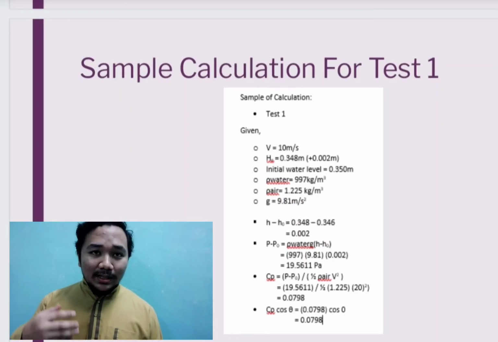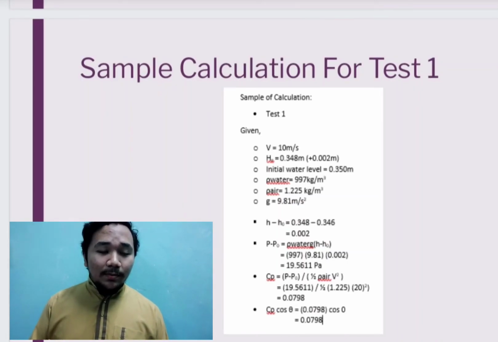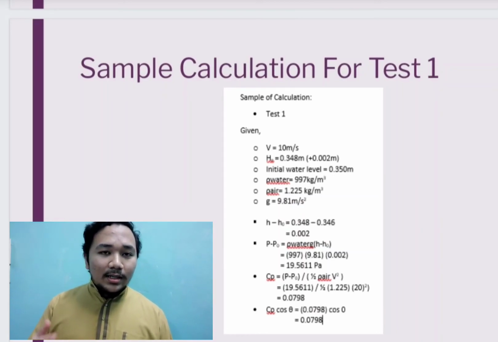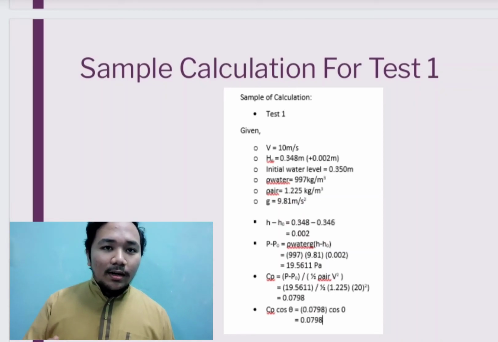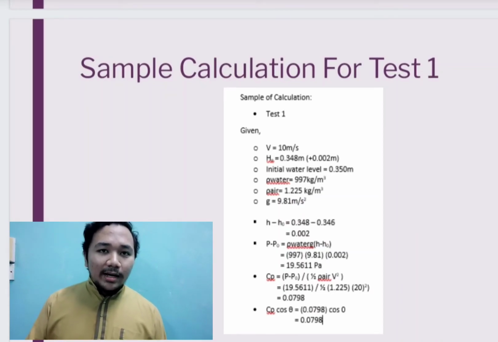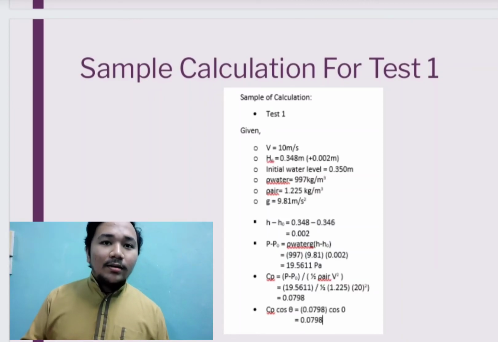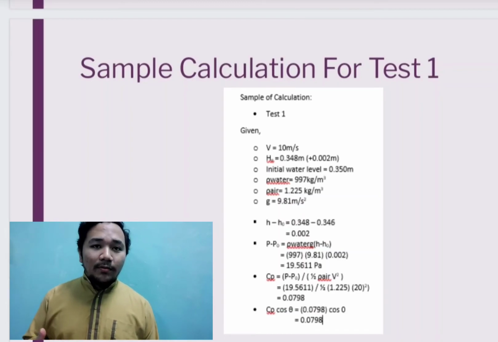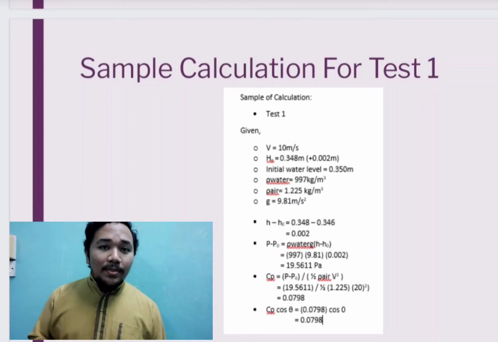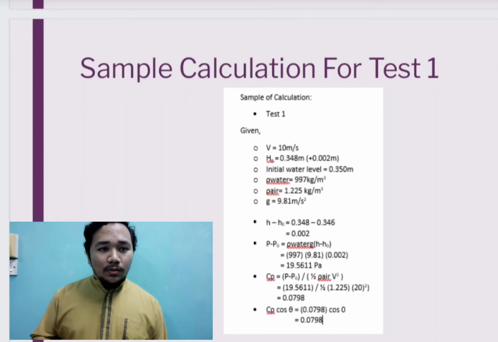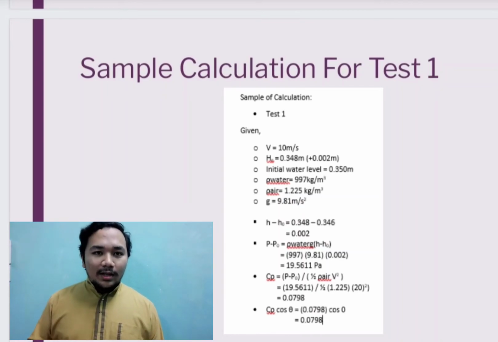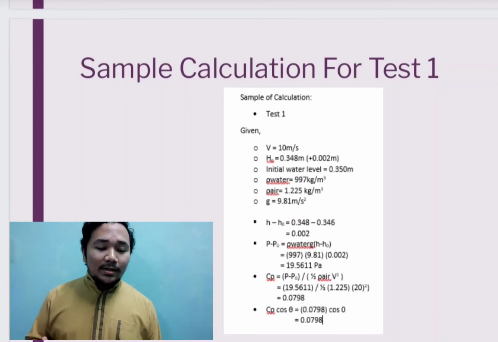We use the density of water times the bracket H minus H naught. Insert the value, 997 times 9.81 times 0.002, and it equals 19.5611 Pascal.